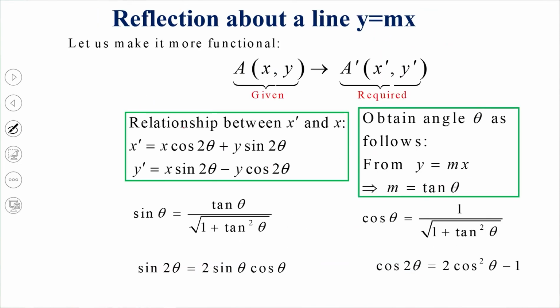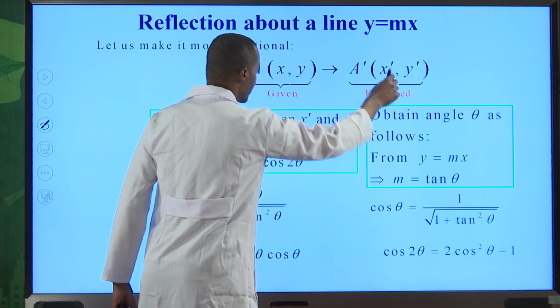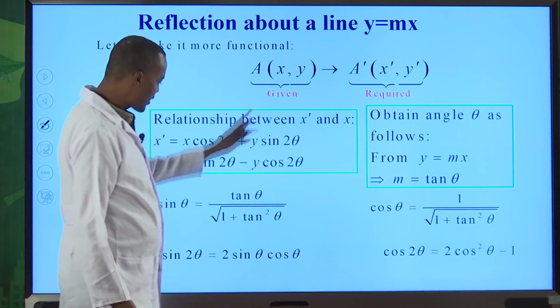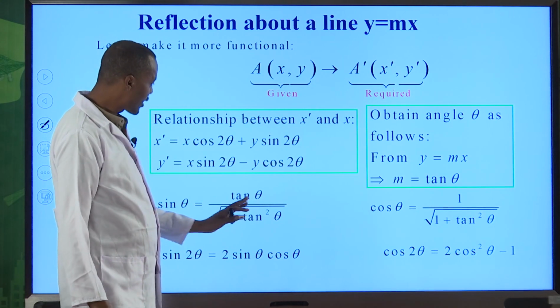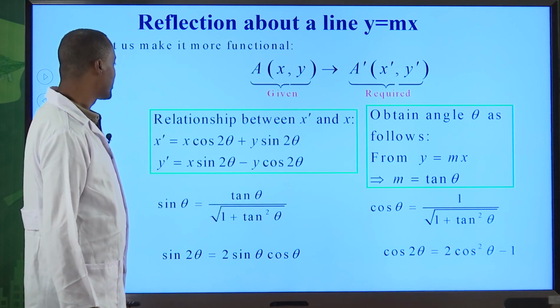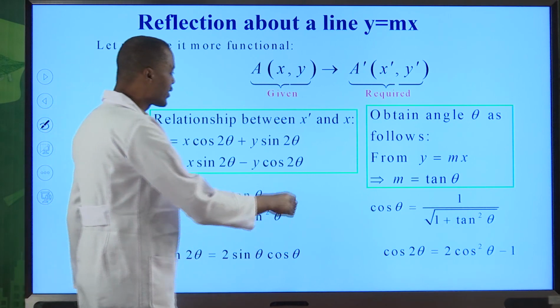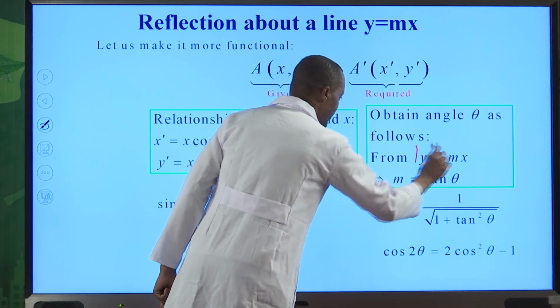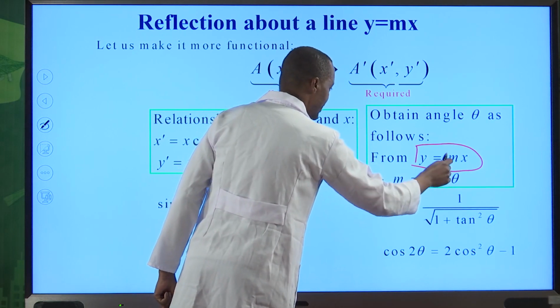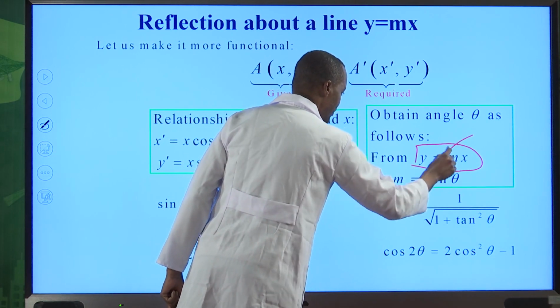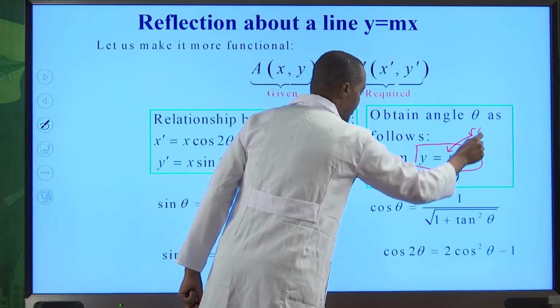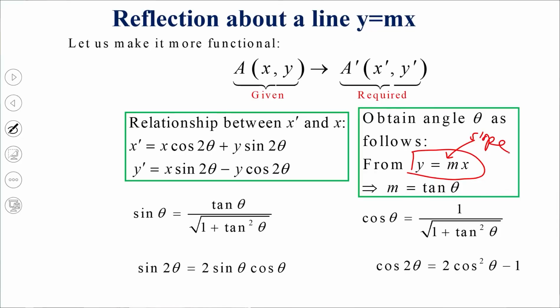For a mirror line which passes through the origin, if this is given, this is going to be the required matrix. And here are some trigonometric identities that will help us to relate, because whenever this kind of line is given to us, y is equal to mx, this is the slope. This m is taken as its slope, so that slope m is equal to tangent of theta. And with the help of these trigonometric identities, we can get cosine of theta.